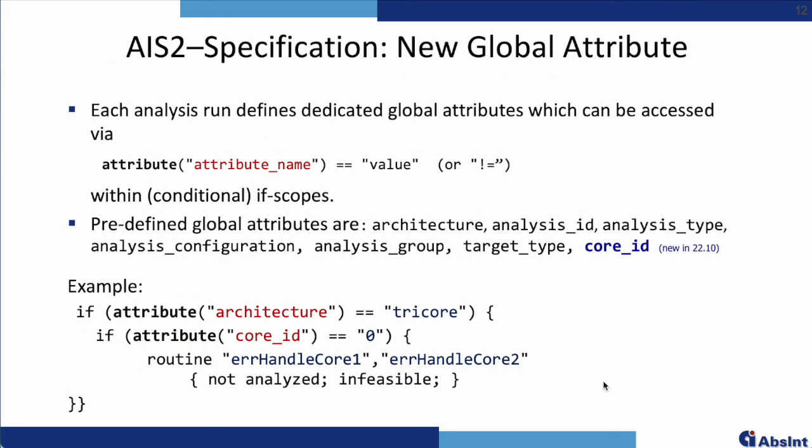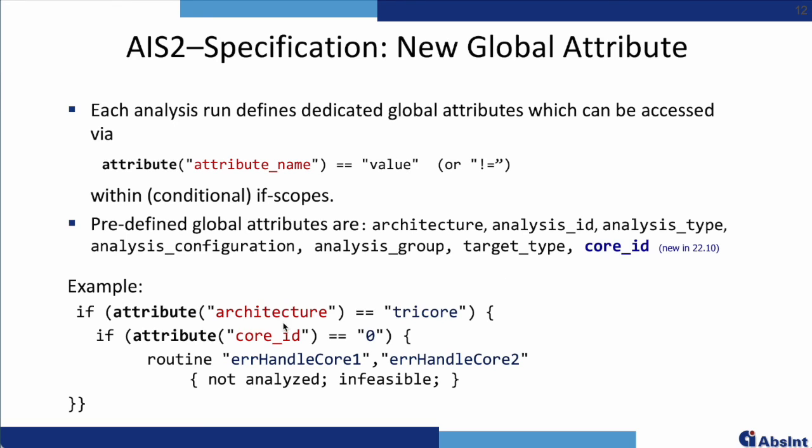And last but not least, we introduce a new global attribute in this release. It's the attribute core ID. This complements the other attributes, and you can check this core ID as well inside of the specification language. So it will especially read off the configured value in the project settings. So here's an example.